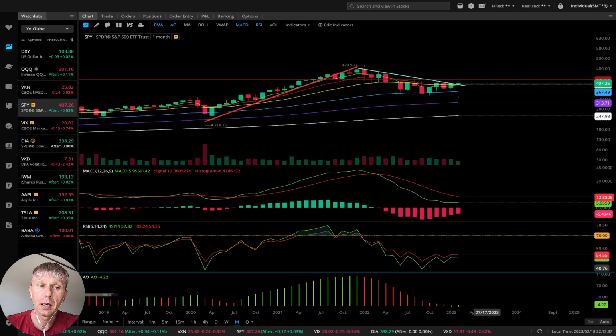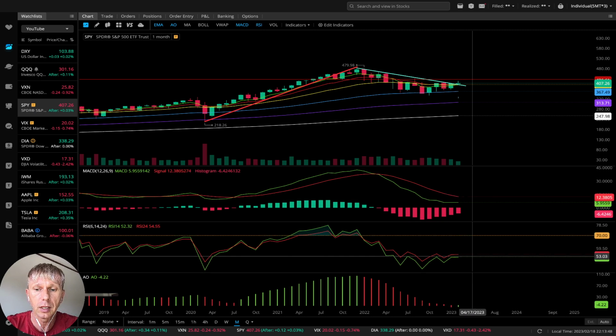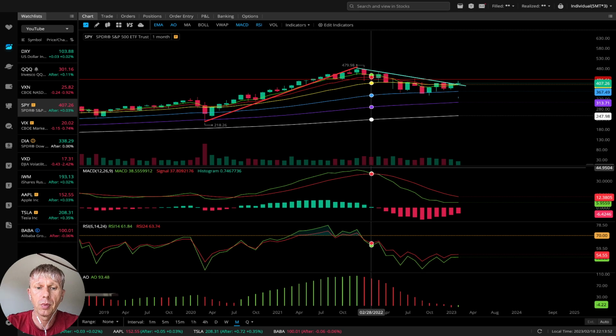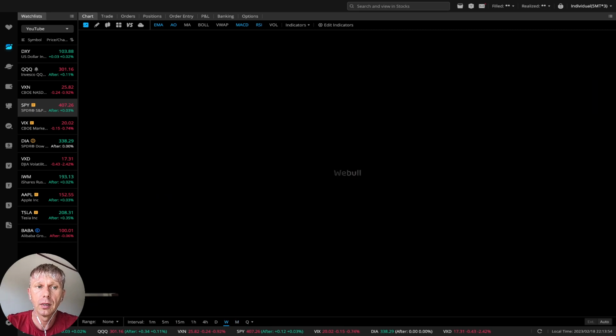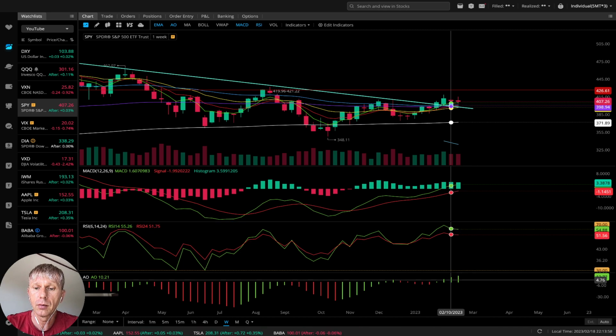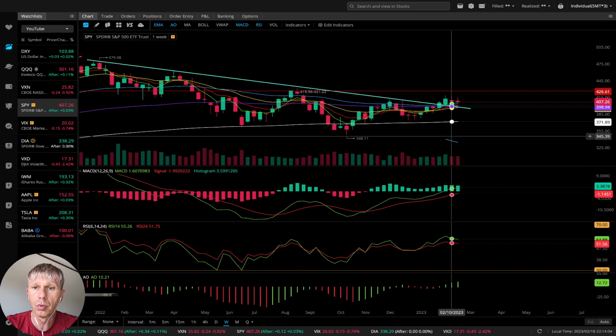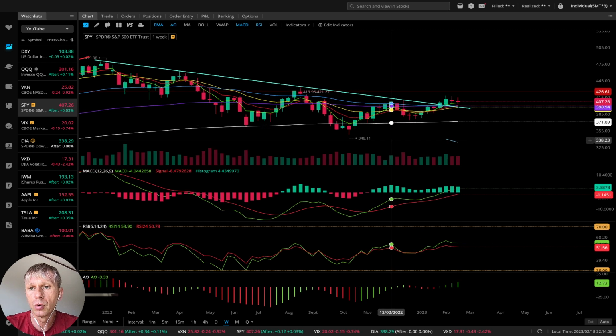I like when all indicators align in the same trend. As of now, it's like 50-50. It's not a full confirmation. We need a bullish crossover on MACD or on RSI to have full confirmation. So far, it's partial. Let's move to weekly. On weekly, we have full confirmation, right? Our awesome oscillator bullish, MACD bullish, RSI bullish, moving averages bullish, all indicators bullish.